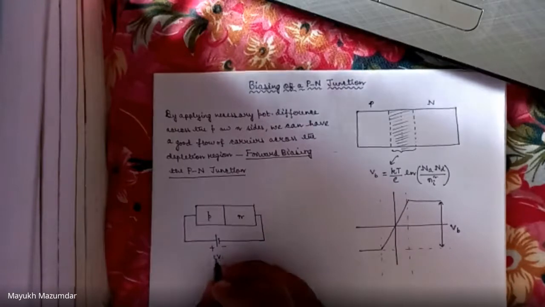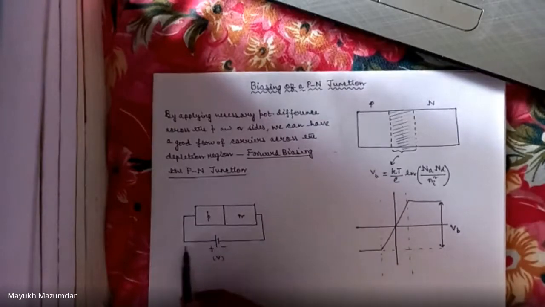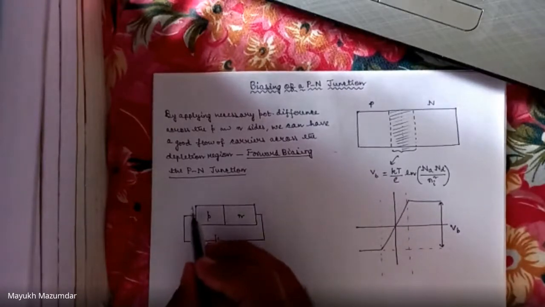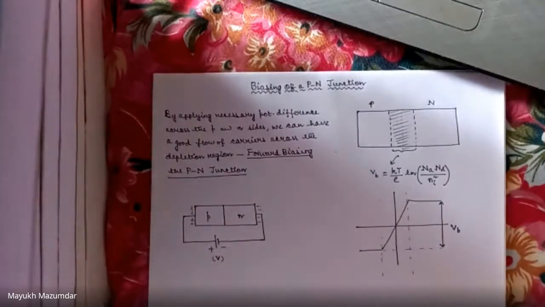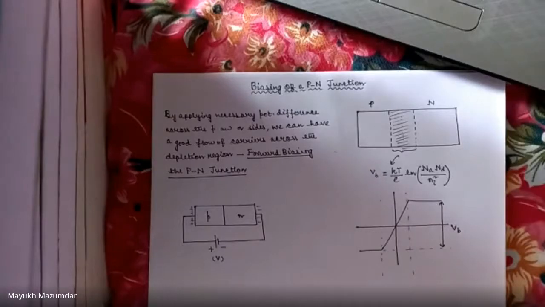Now see, the P side is getting positive charges and the N side is getting negative charges. So now what will happen? Flow of current from positive to negative, that is expected to happen. But why is it happening?